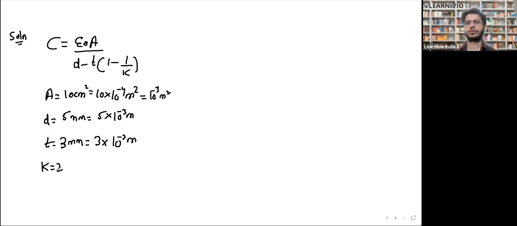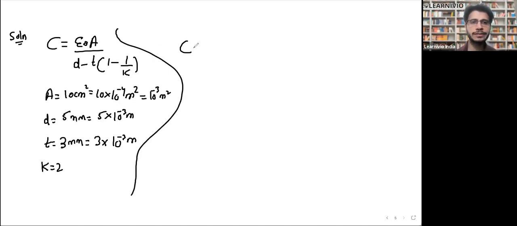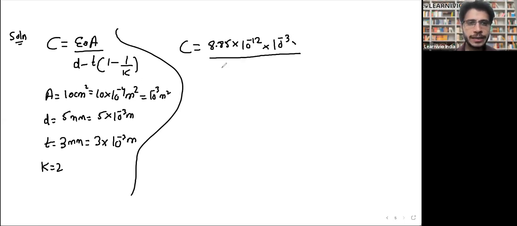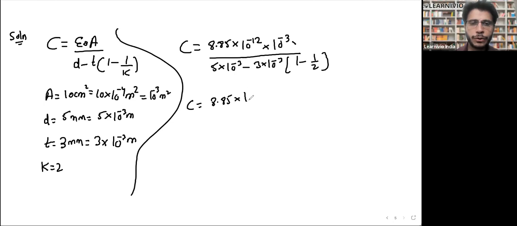Dielectric constant is 2. When I substitute all these values here, I get C is epsilon naught, which is 8.85 into 10 raised to the power minus 12, times area, which is 10 raised to the power minus 3, divided by D, which is 5 into 10 raised to the power minus 3, minus T, which is 3 into 10 raised to the power minus 3, times 1 minus 1 by K. See, from these two terms, you can take 10 raised to the power minus 3 as common.